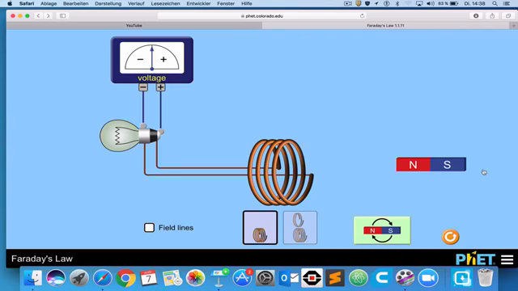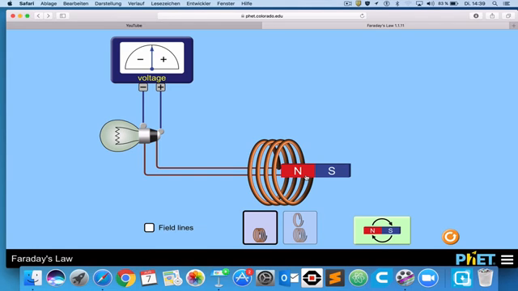You can see if I move the magnet really slowly, it's not changing very quickly. It's dependent upon the rate of change, which means the faster I change it, the more voltage will be induced. And this is what we call an induced voltage or an induced current through the coil.